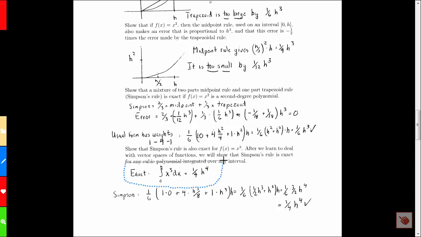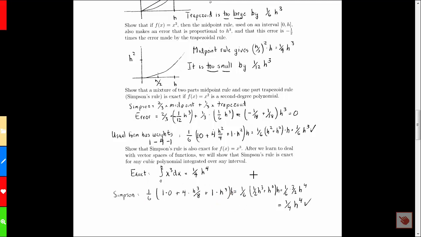If I integrate x cubed from 0 to h, I get, of course, 1/4 x to the fourth. If I use Simpson's Rule, I take 1/6 times 1 times the value 0 at the left endpoint plus 4 times h over 2 cubed, which is the value in the middle, plus weight 1 times the value at the right endpoint, which is h cubed. I multiply by h.